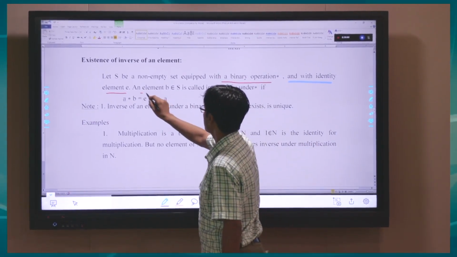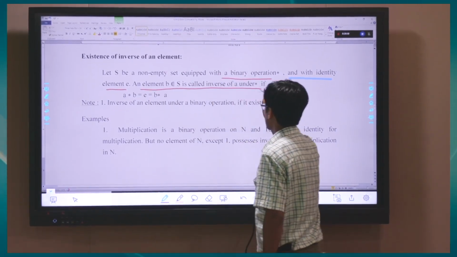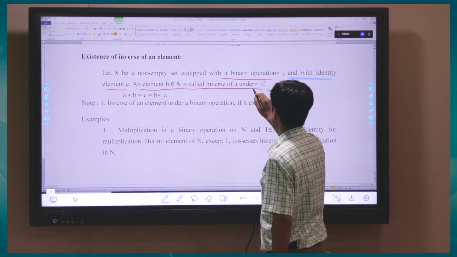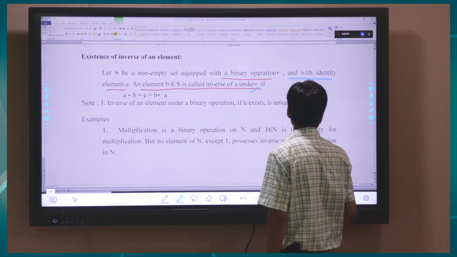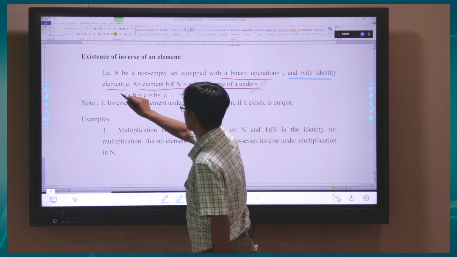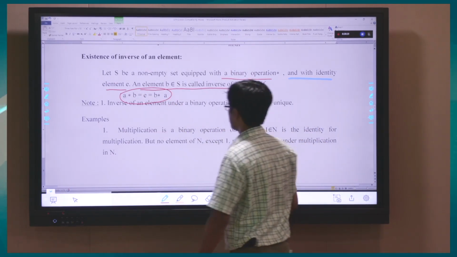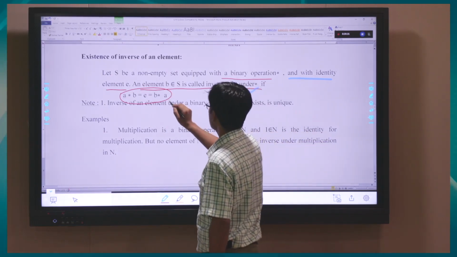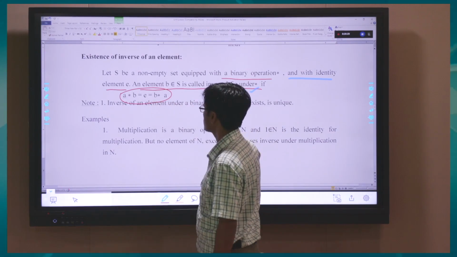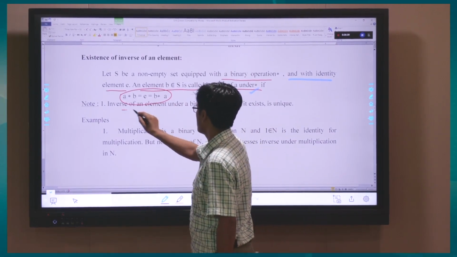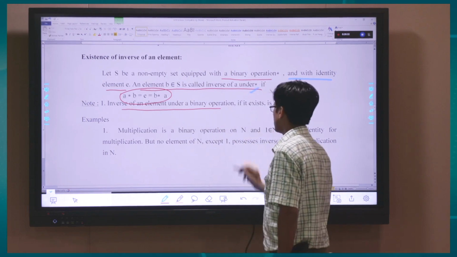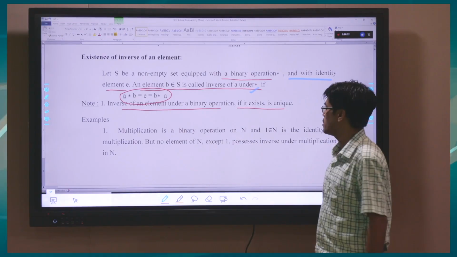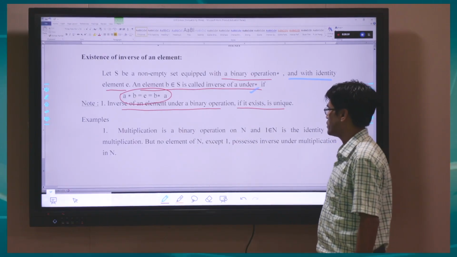Then an element B belongs to S is called an inverse element of A under star if A star B is equal to E and B star A is equal to E. Then B is the inverse of A. The inverse of an element under a binary operation, if it exists, is unique. So there is only one inverse element.